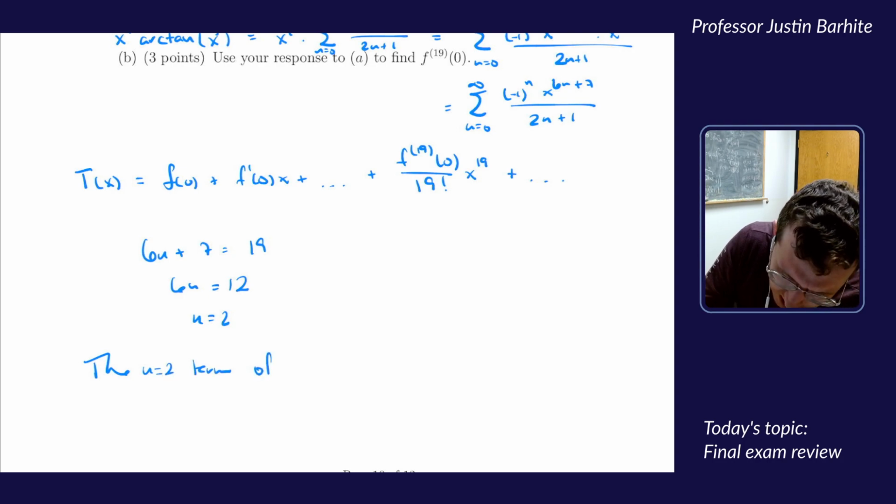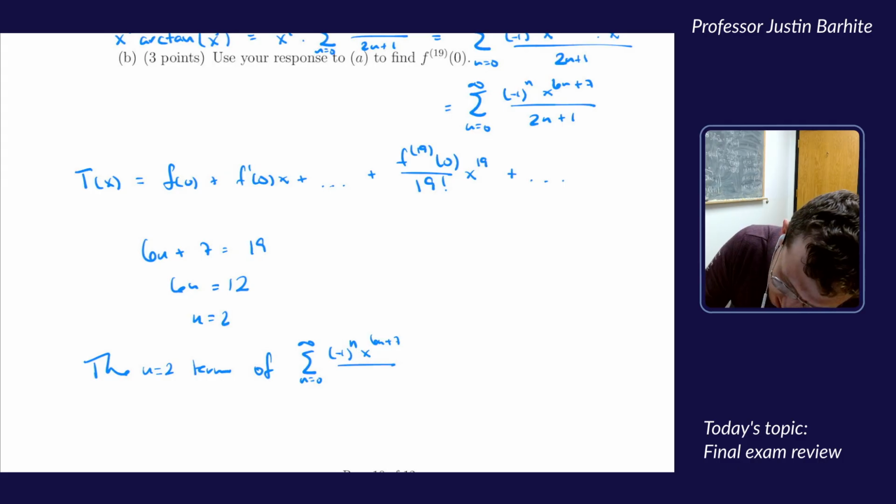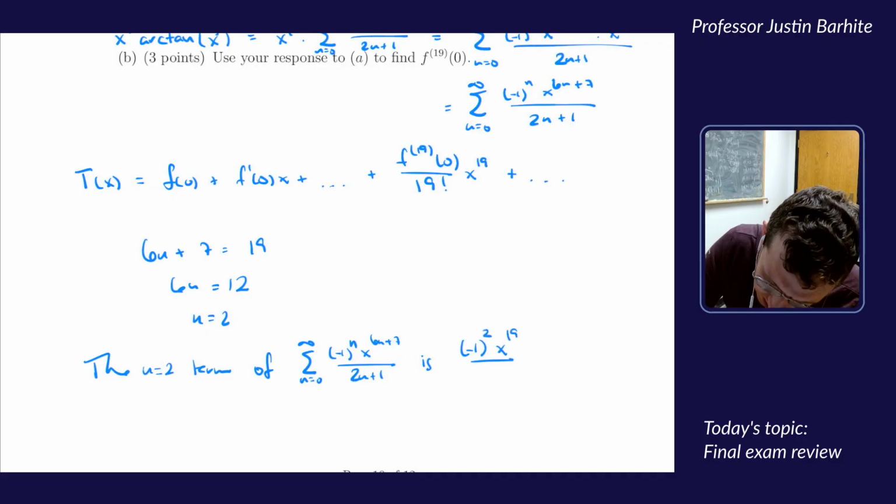And the n equals 2 term of this series is (-1) to the 2 over 2 times 2 plus 1, times x to the 19th. So that's minus 1/5 x to the 19th.